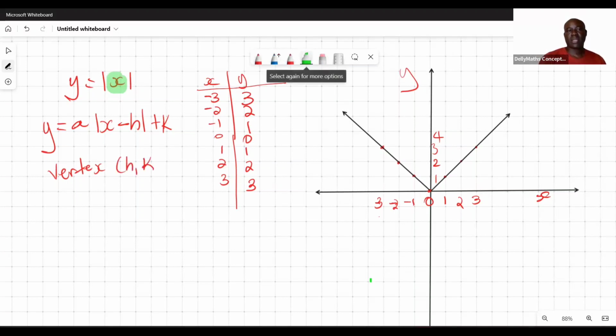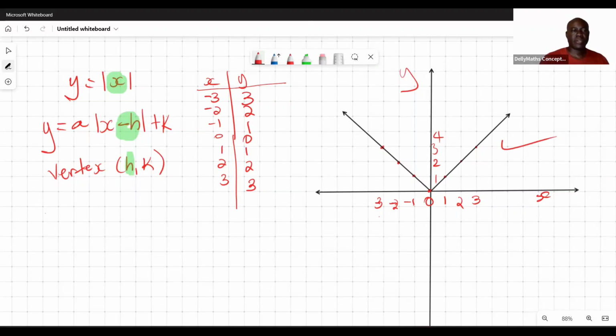And notice this is a minus h, but the vertex is positive h. So it is actually the opposite of any number we have here for h. All right, so we're going to keep this graph here.